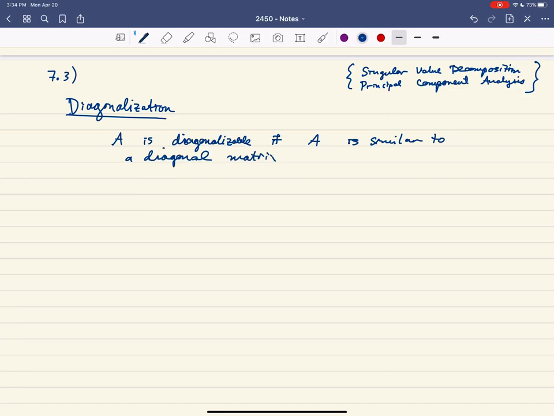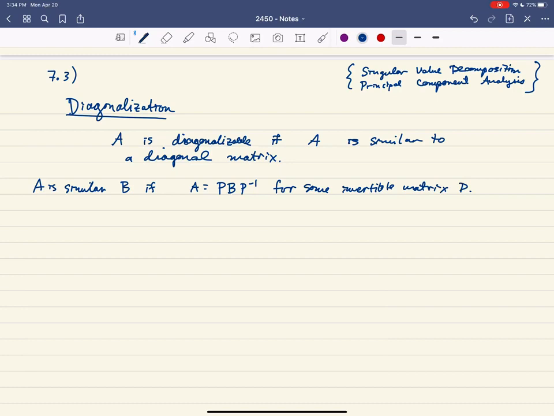It might be worth pausing this video and reviewing the video on similarity at this point. Just as a reminder, A is similar to B if A is equal to P B P inverse for some invertible matrix P. And it turns out that similar matrices have lots of characteristics that are the same.